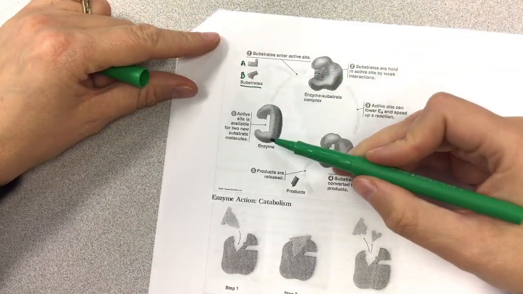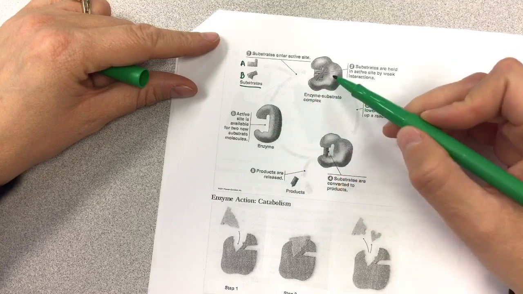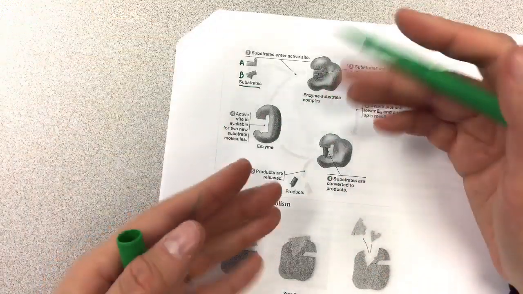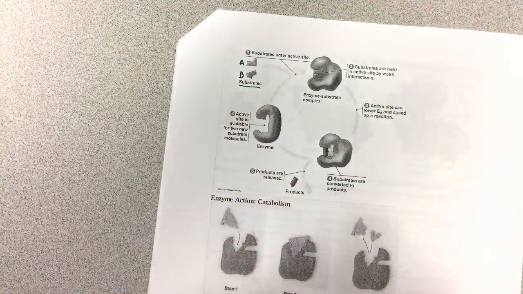If you notice, from here to here, the enzyme changes shape a little bit. It hugs around the substrate. I'm going to show you a little picture here.